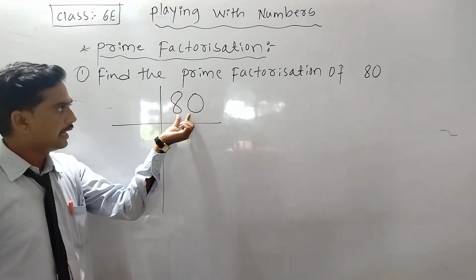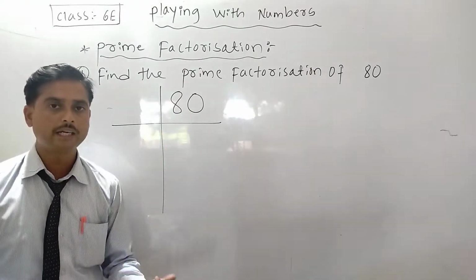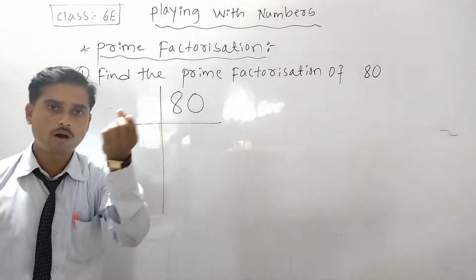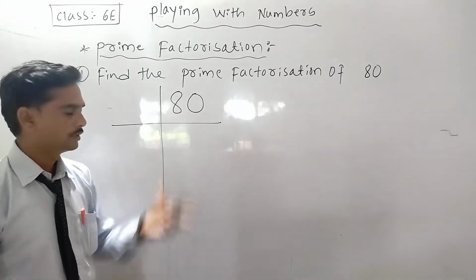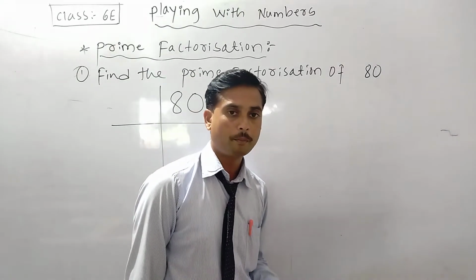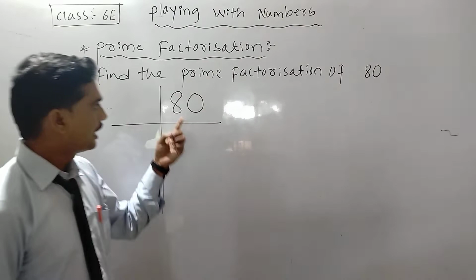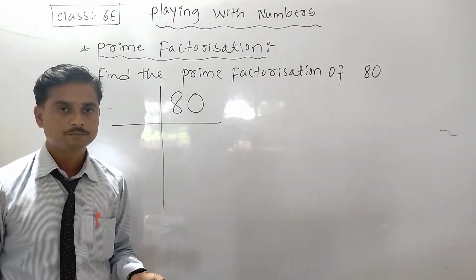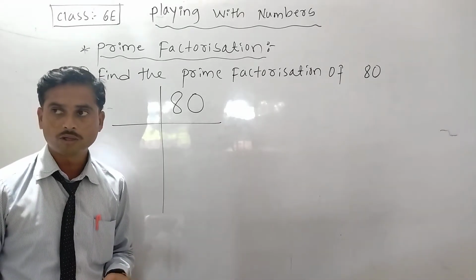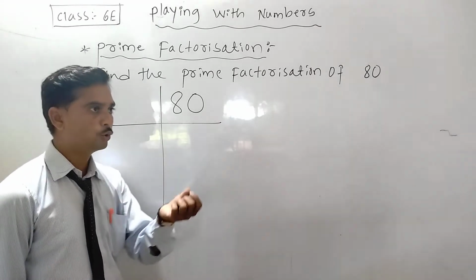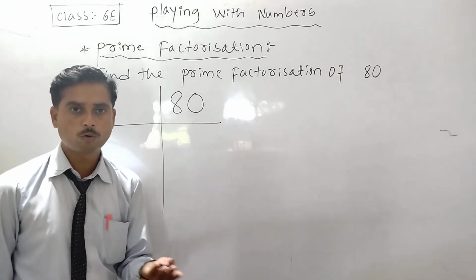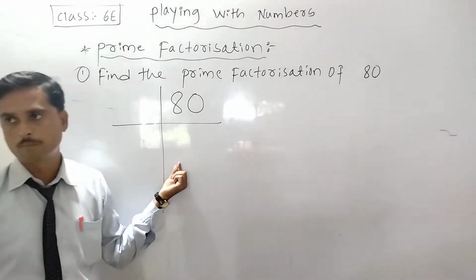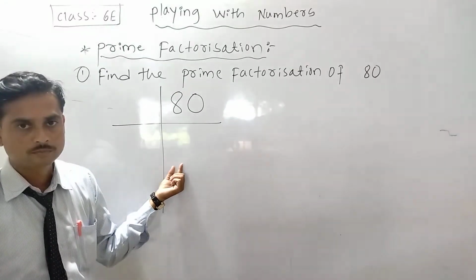Yes sir, it is completely divisible by 2 because the 80 has 0 in its unit place, because if the given number's unit place has 0, 2, 4, 6 or 8, that whole number is completely divisible by 2.